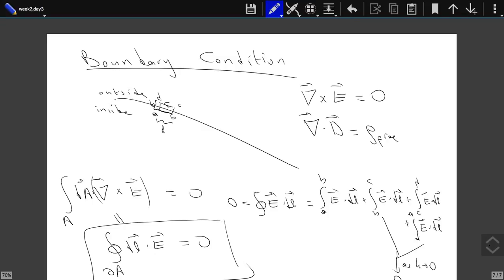Within this length, the electric field will not change. So the electric field will be almost constant. I can just take it out of this integral as I go from A to B. This will be constant. Take it out. What remains is the total vector. Let me call that vector L. This vector is my L vector.